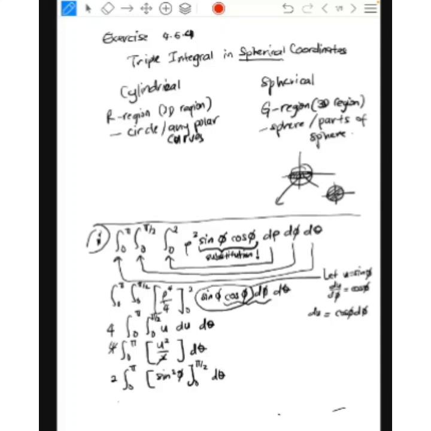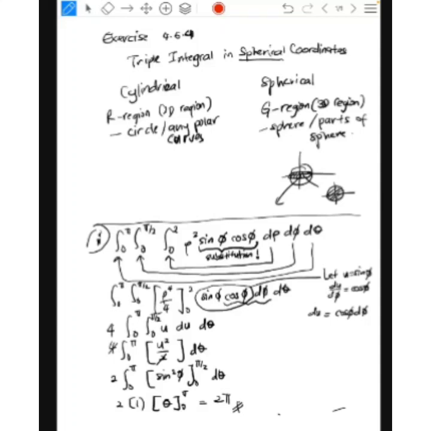Sine of pi over 2 is 1, and 1 to the power of 2 is 1 also. So that is 2 times 1, and what's left is theta from 0 until pi. So your answer will be 2 pi.